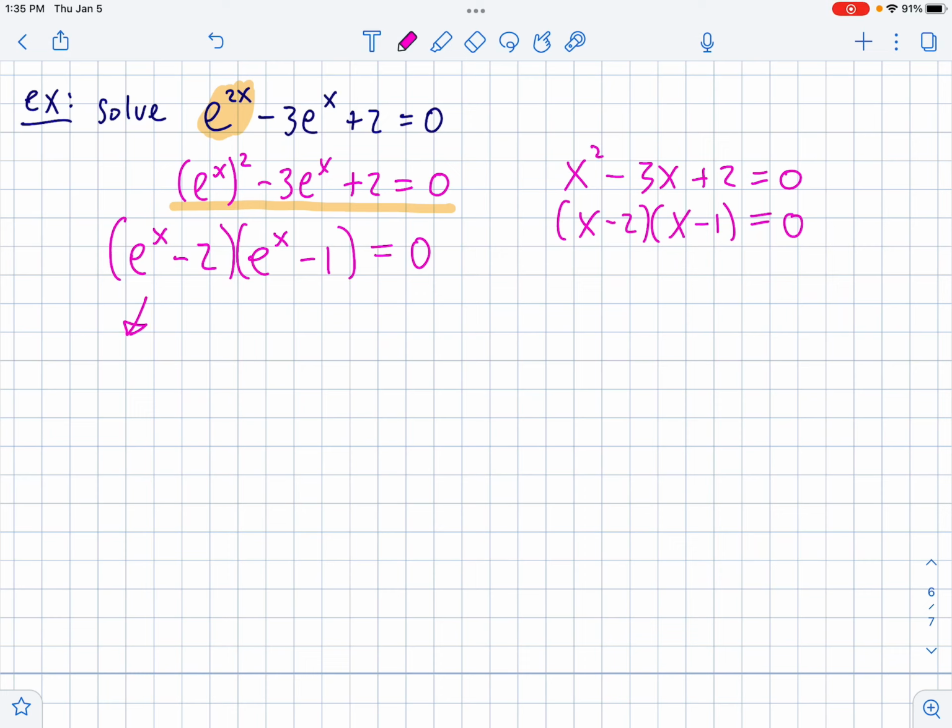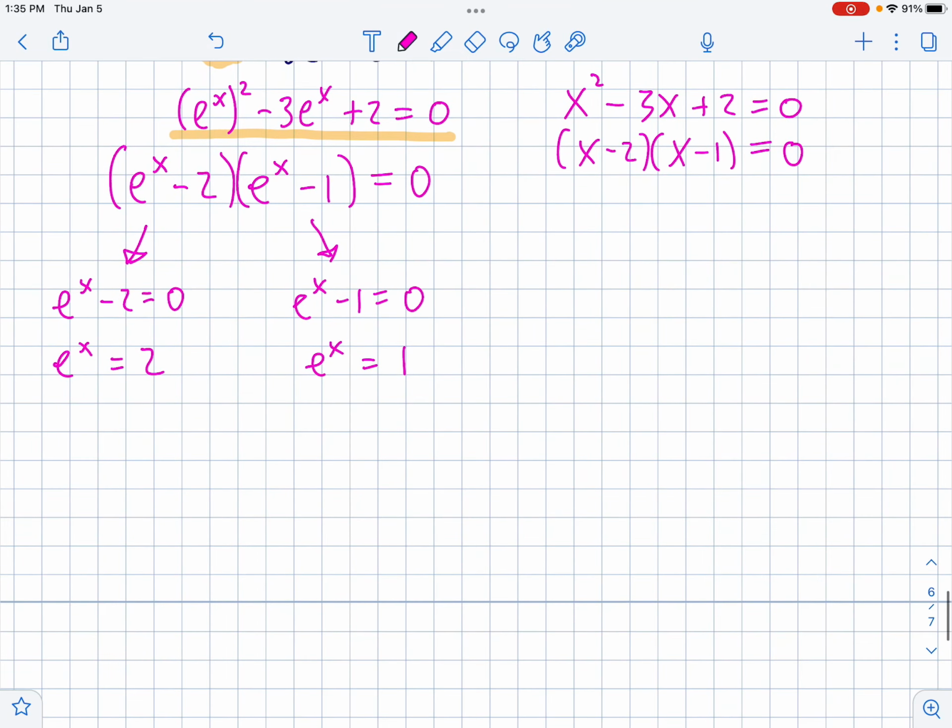Then you have to set these both equal to 0, like you would normally solve a quadratic, and say e to the x minus 2 is equal to 0, e to the x minus 1 is equal to 0. Then you add 2 to both sides here. I'll just work both of them at the same time. And then you're going to have to natural log both sides.